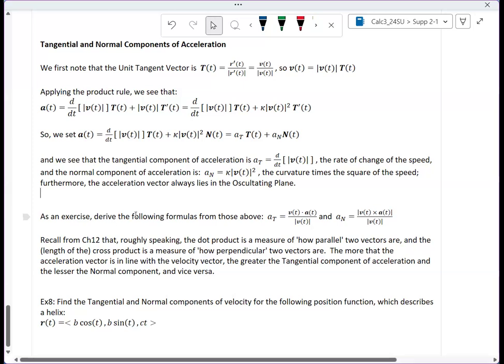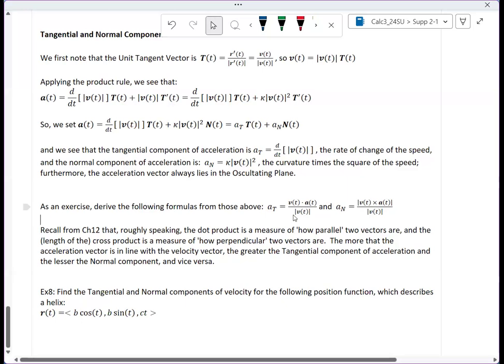As an exercise, derive the following formulas using the ones above. The tangential component is the dot product of the velocity and acceleration vectors over the length of the velocity vector. The normal component is the length of the cross product of the velocity and acceleration vectors over the length of the velocity vector.